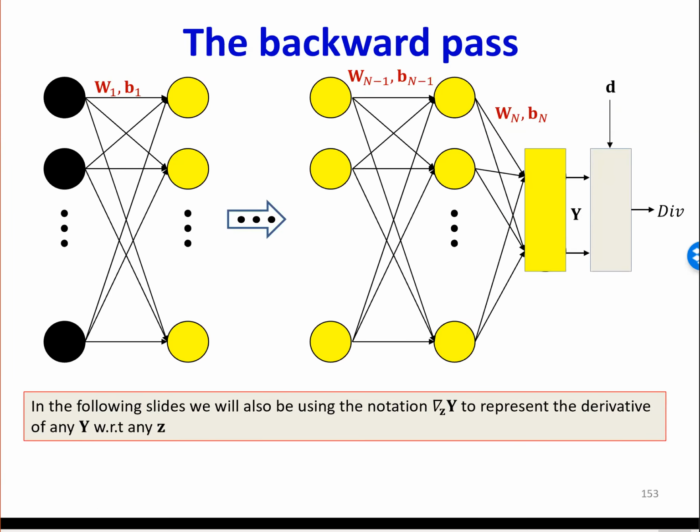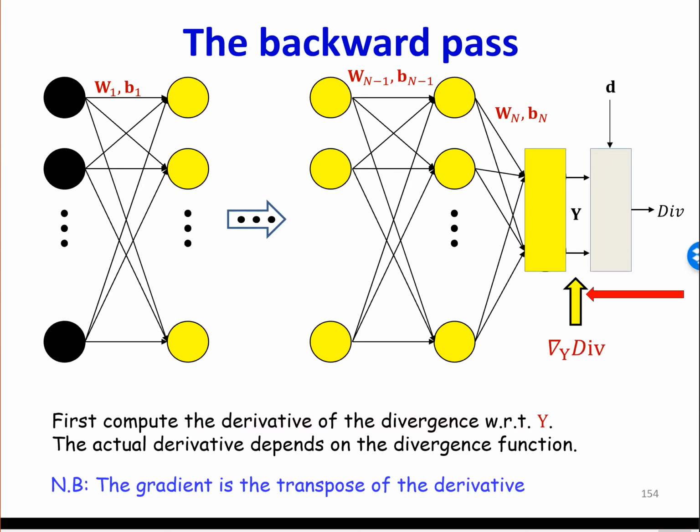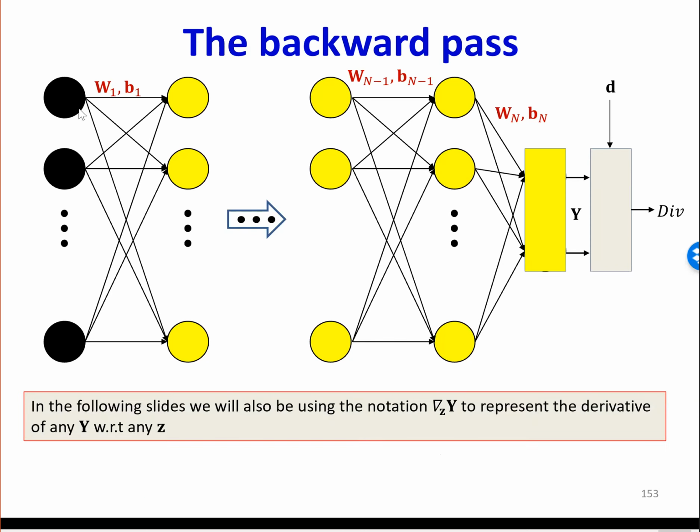So now let's go back to the backward pass. We're just going to use the formula we discussed in painful detail, and we'll write up the backward pass in a minute. In the forward pass, you computed all of these intermediate values, got the desired output and computed the divergence, which is a scalar.